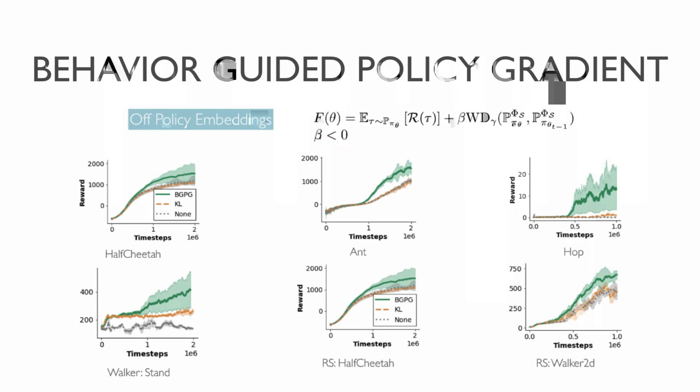We're not really claiming that it does better than TRPO necessarily, although in these plots it does. But if you don't put a trust region, then you do pretty poorly, whereas if you put a trust region, either a KL type of penalty or this kind of behavioral trust region, you can still solve the tasks. In these examples, we do a little bit better than the TRPO solution.